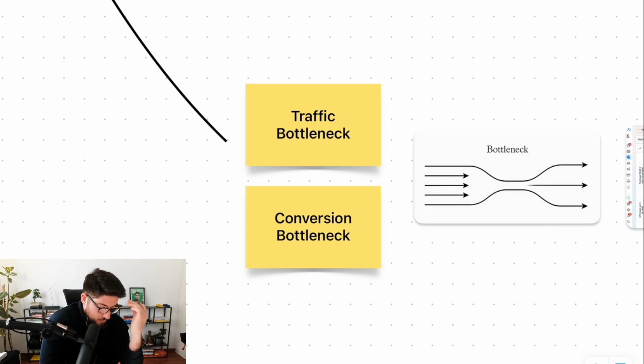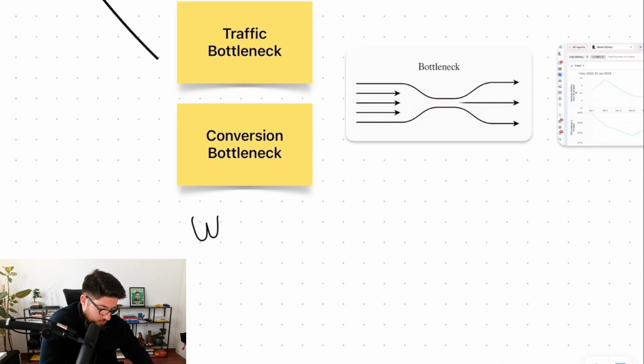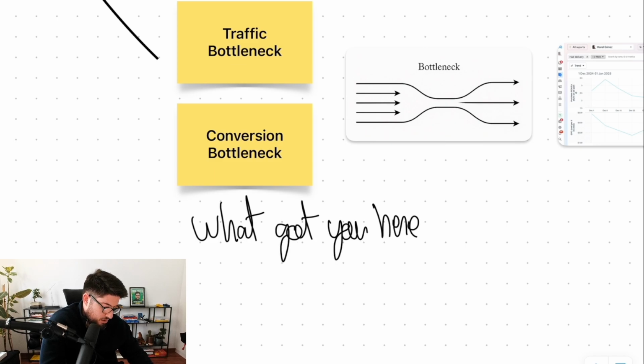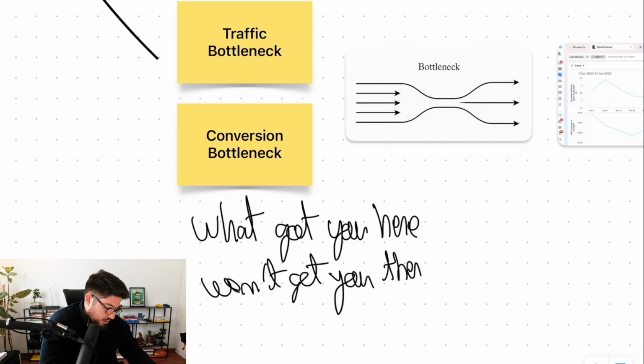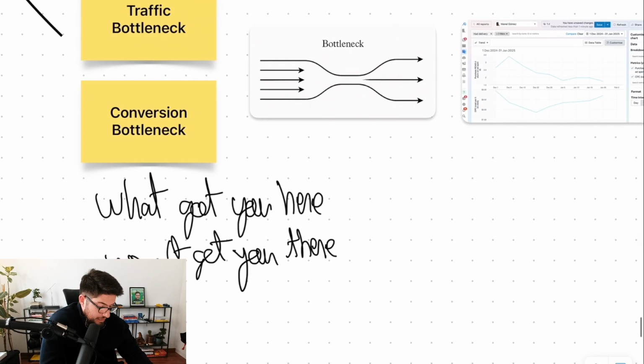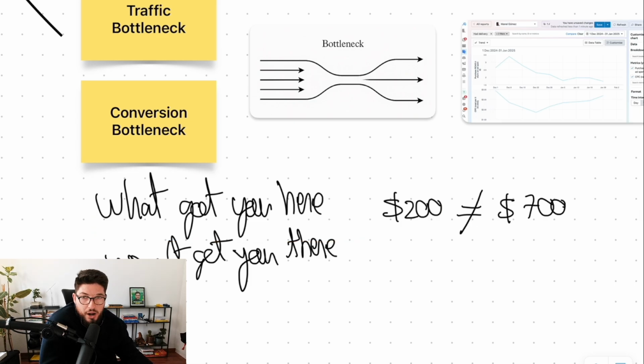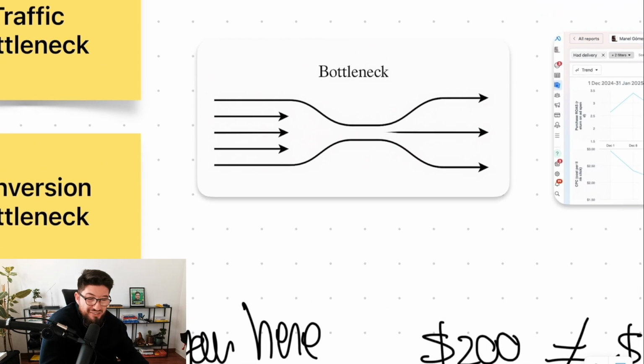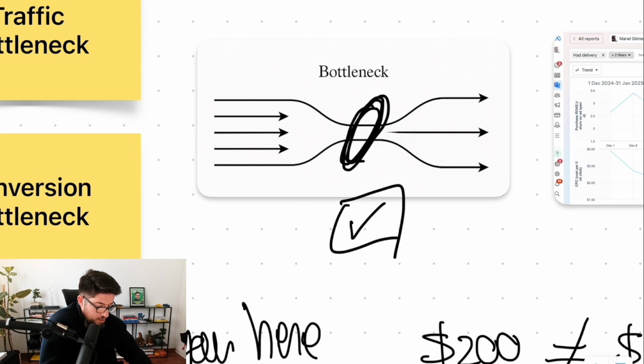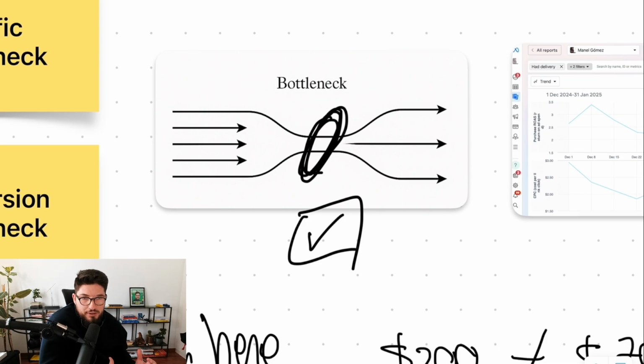So here we have the quote: what got you here won't get you there. It's basically that spending $200 a day is not the same as spending $700 a day. So it's gonna require something different, and you're gonna find this something different when you find a bottleneck and work on solving it, unlocking another level of growth.